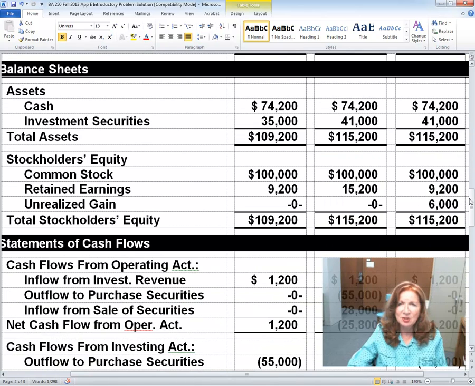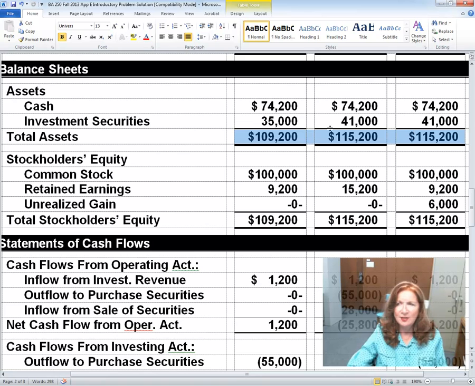Now here's the balance sheet accounts, and the cash is the same for everybody. On the held to maturity, nothing happens there, so it's just 35,000. On both of these, they show the unrealized gain of the 6,000 in both trading securities and available for sale, so both of those went up. Notice how under those circumstances the total assets are not the same.